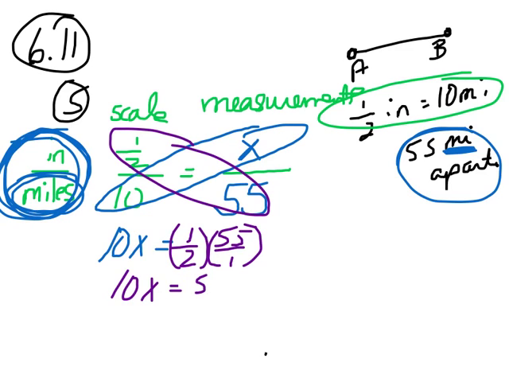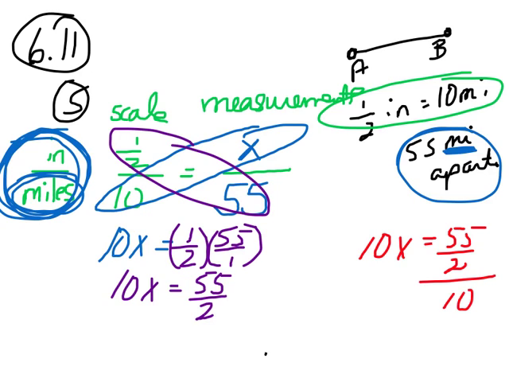There's not really anything I can do to reduce it at this point, other than write it as an improper fraction, which I don't want to do because I still need to do some math here. Now, when I go to solve this, I could say divide both sides by 10. That would be true, right? But if I divide both sides by 10, it's kind of hard because there's already a fraction over there. It would look like this, and it gets kind of confusing.